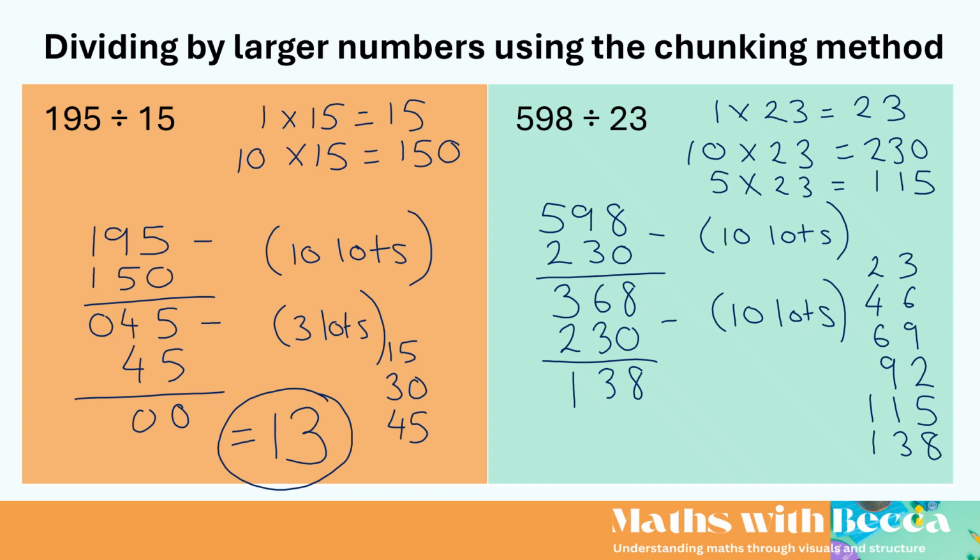So I've managed to get to 138. So I'm going to take that away. That's going to give me 0. So I've used all the number up, and I managed to do 1, 2, 3, 4, 5, 6 lots.